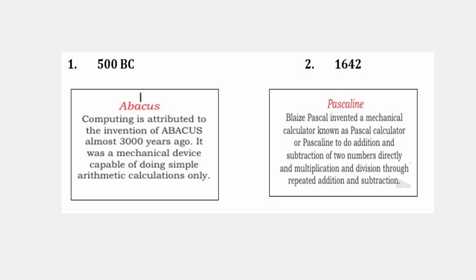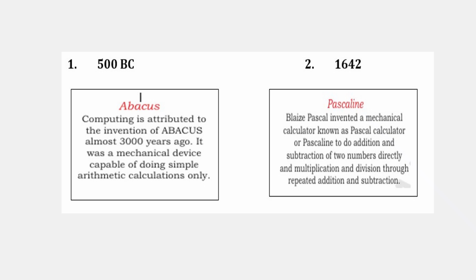Then go to the second computing device, called the Pascaline, the adding machine. It was invented in the year 1642 by the scientist Blaise Pascal. This was one of the first mechanical calculators. It performed addition and subtraction by rotating gears.